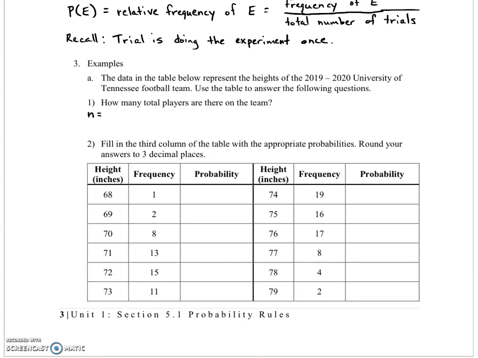The way this table works is there's one player that is 68 inches tall. There are 2 players that are 69, 8 that are 70, etc. So we have to add all those up. 1 plus 2 plus 8 plus 13 plus 15 plus 11 plus 19 plus 16 plus 17 plus 8 plus 4 plus 2, and that equals 116 people.